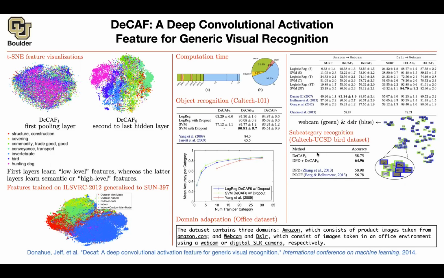It's not enough to train a neural network from scratch. You can go to scene recognition, use logistic regression or support vector machine on the features that you have from DeCAF 6 or DeCAF 7 and be able to increase the accuracy compared to state-of-the-art without transfer learning and without deep learning.